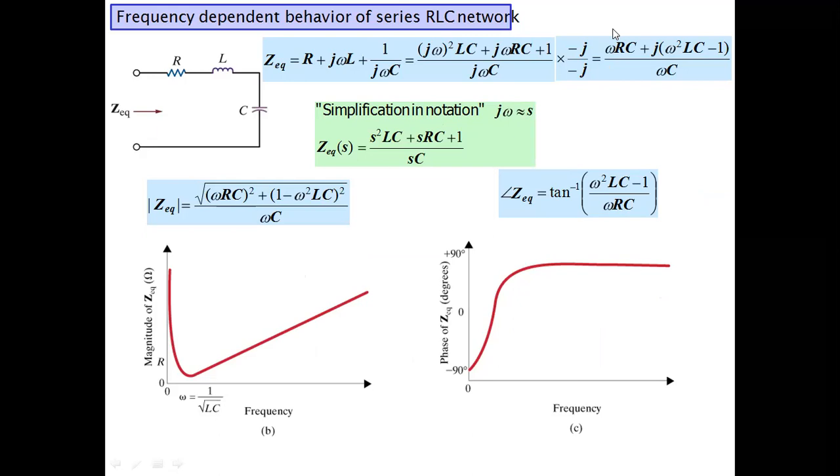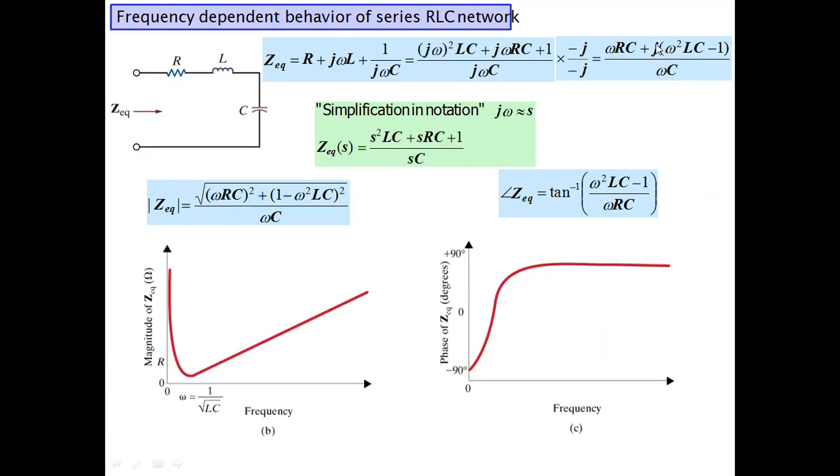So if we are taking the simplifications, like if we are considering s equal to j omega, because we are taking this as a frequency domain function, then putting j omega equal to s in this equation, your equation will become Z equivalent equal to s square LC, because we are taking here j. j is nothing but j into omega, as we are considering s.